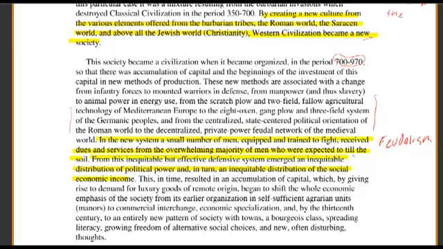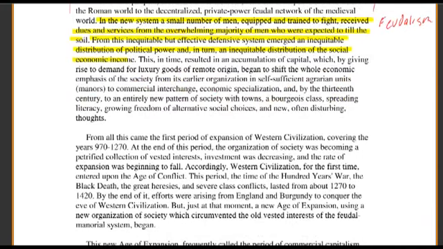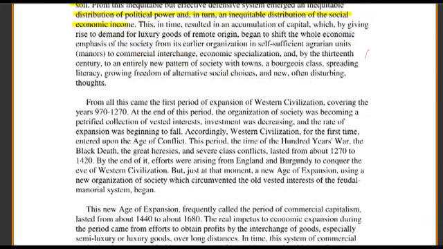The gang plow, the three field system, the feudal network of the medieval world. The mounted warriors, where there used to be foot soldiers. Under Rome it was foot soldiers. The mounted warriors came from the invaders. This brought in new wealth.